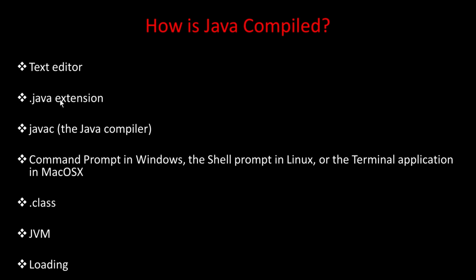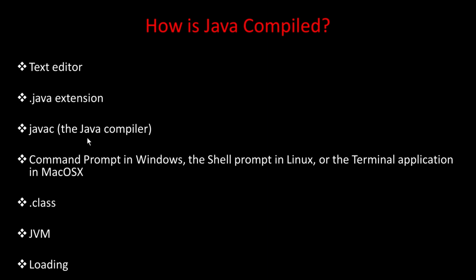Then in the second stage, the compilation stage, where the code gets compiled, we use the command javac in the command prompt of our Windows. We use the command javac to compile the program. When we compile that program, it will generate bytecode.